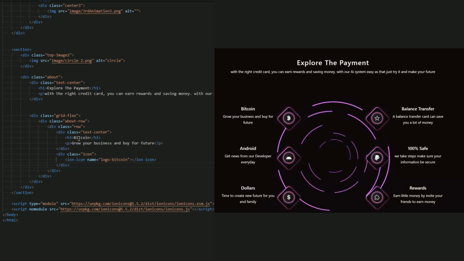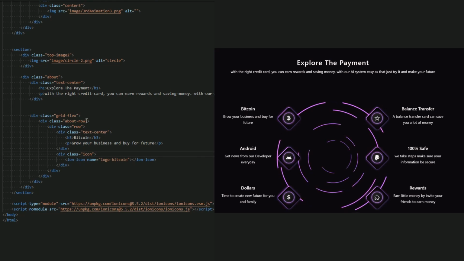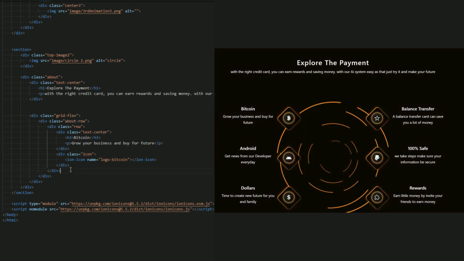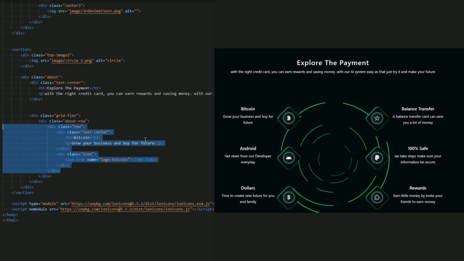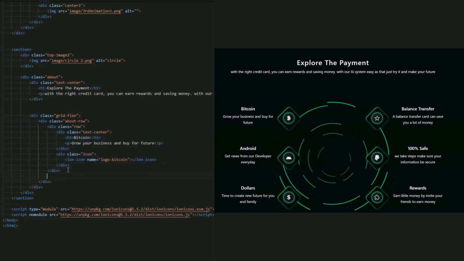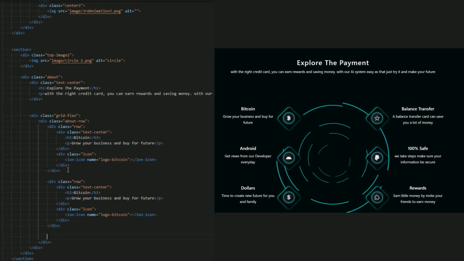Okay, here we go, guys. This is our box of this text and this icon, and this is the about row that we're going to create. We're going to use 3 rows inside it to be flex direction column. Okay, now let me copy this row and paste it 2 times.